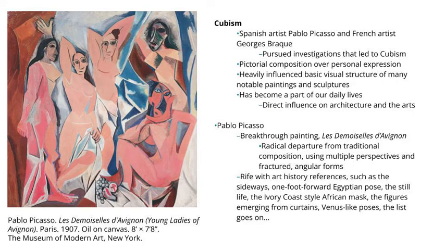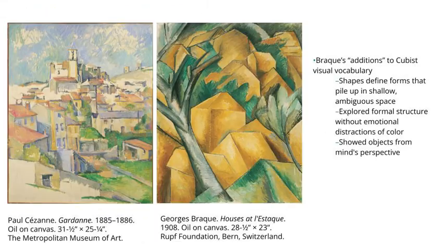But Braque's additions to the Cubist vocabulary, they're not really additions because he really worked with these ideas a lot earlier than Picasso did. But the way that it's written in art history, it's that he was adding to Picasso's idea, even though that's not correct.